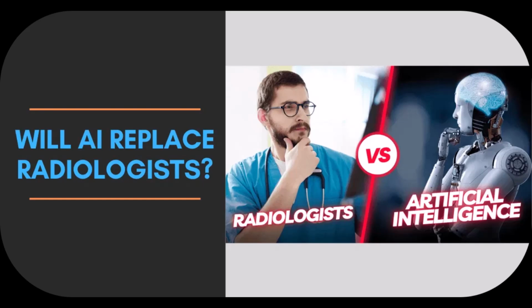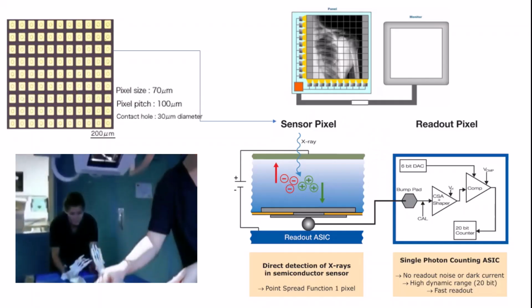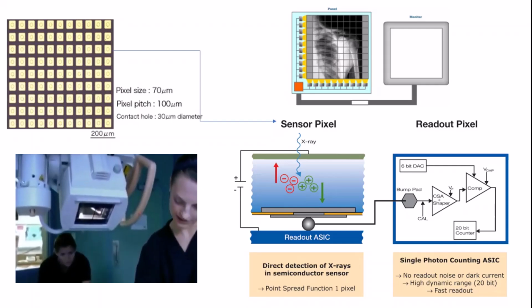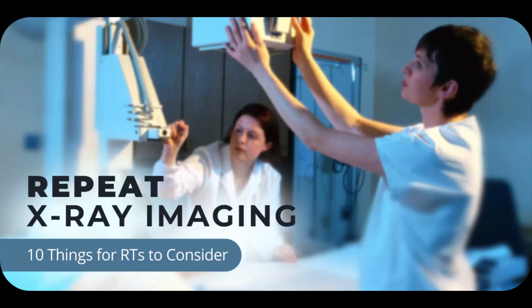Variability in experience and specialization accounted for some of these differences. Therefore, the primary target to decrease image repeat rates would be enhancing the knowledge and skill sets of the technologists acquiring the images.